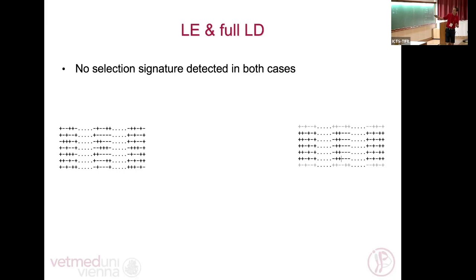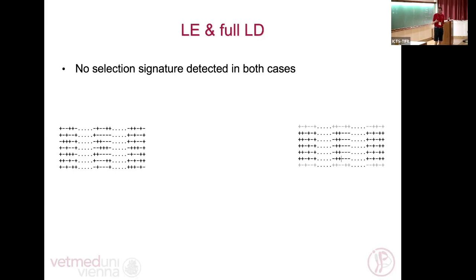There's no recombination. You have one chromosome with a certain number of pluses and minuses. The other one has another set of pluses and minuses, but the net effect is the same. So it will be very difficult to find something. Here you have the full haplotypes. Here you have individual loci responding to a tiny amount. So you cannot detect any selection signature here, no selection signature there.